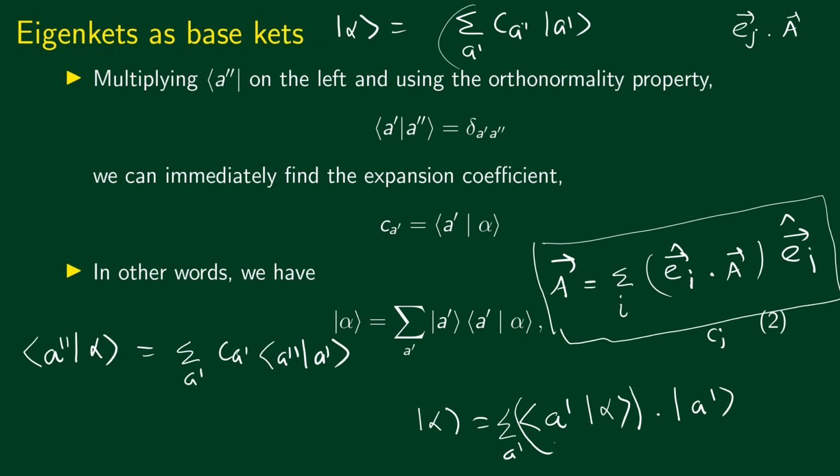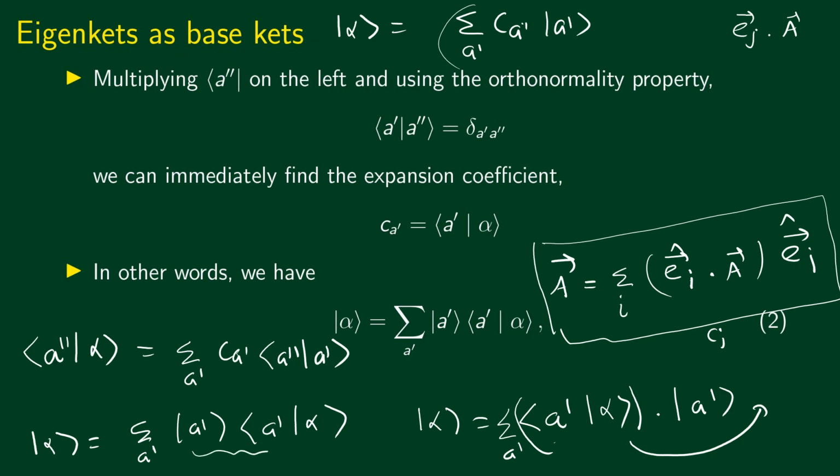Now since this is a complex number, I can put it to this side. So we get the expression for alpha. Ket alpha is equal to sum over A prime. I write this ket A prime first, and then this number bra A prime ket alpha. I am allowed to write this without a bracket or a dot because this is an allowed multiplication, a legal product.